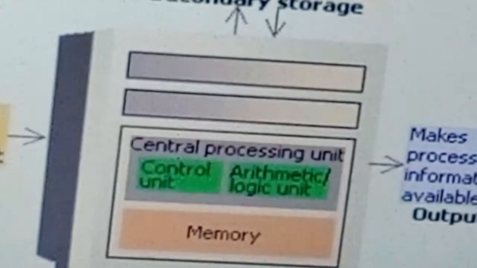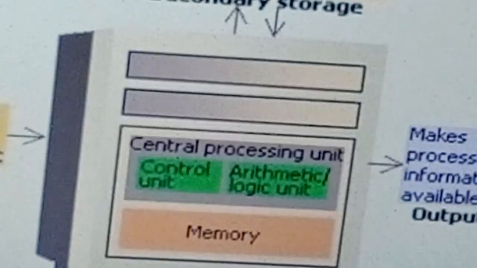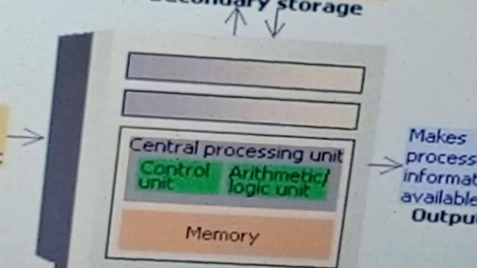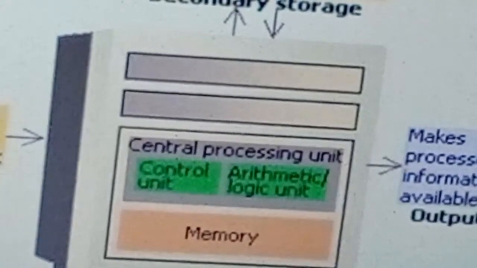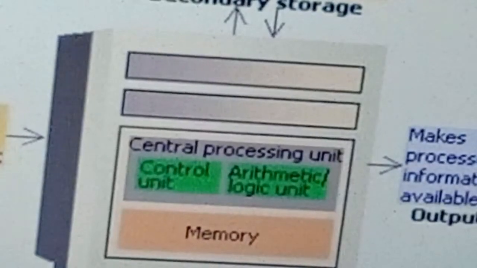Next, peripherals and ports. We will see what a port is. A port refers to a hardware socket or peripheral hole found on the front or back of the computer. This port serves as an interface between the computer and peripherals.